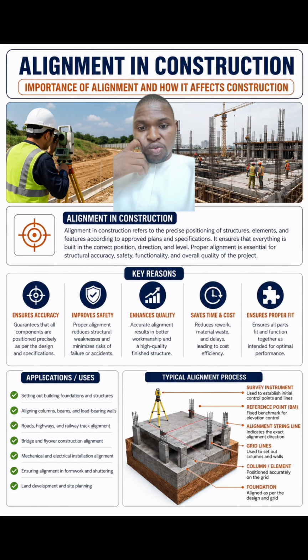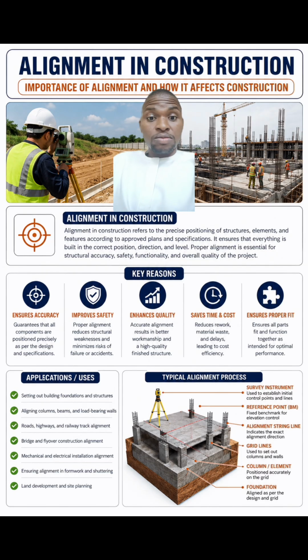You understand? So there is no cutting corners here. If your wall at the setting out level was not rightly placed, that is how the wall of the whole building is going to be. So it's very important you use alignment during setting out.